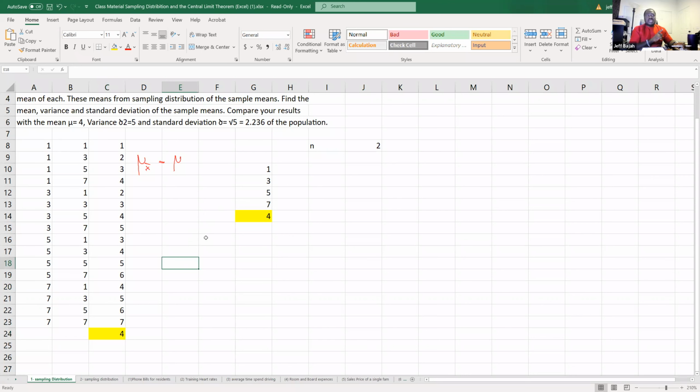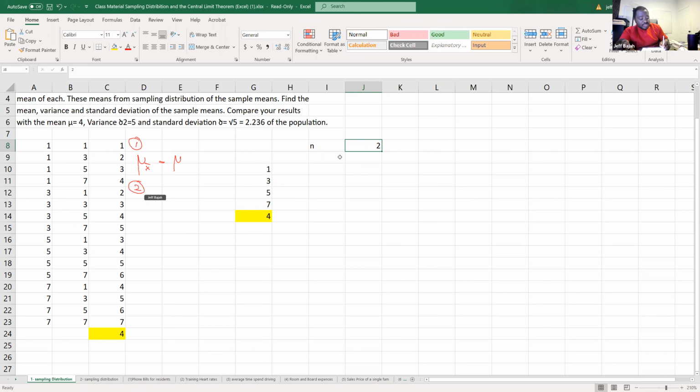The second theory now says that the standard deviation of your sample means is equal to the population standard deviation divided by the square root of your sample size. That's the second rule, right? This is rule 1. So let's do rule 2.